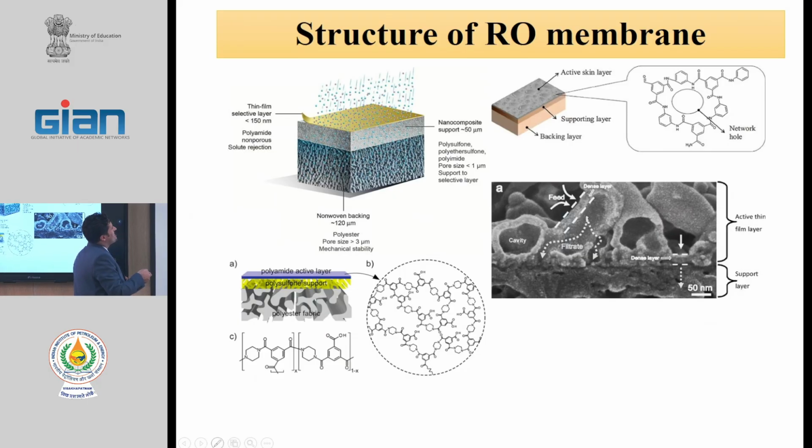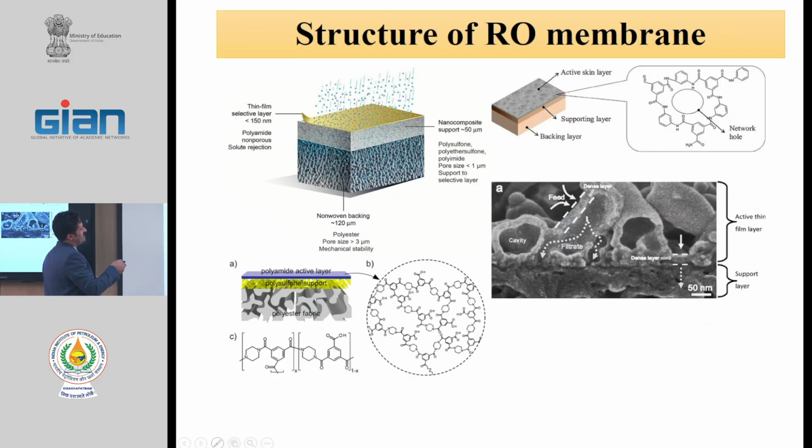We have a top layer, you see, this is the structure of the RO membranes. We have a non-woven backing, or non-woven fabric, for increasing the membrane durability and membrane strength. We have a polysulfone support layer for supporting this polyamide thin film layer.